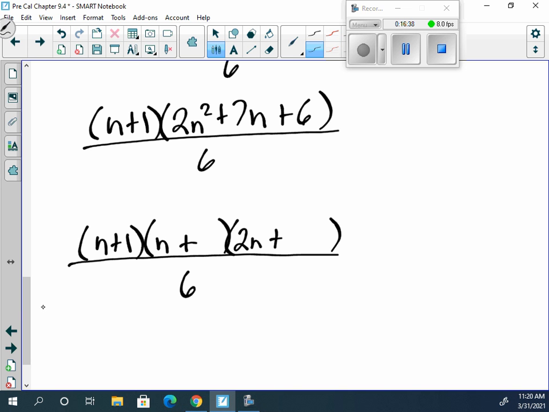Now, the factors of 6 are 1 and 6, or 2 and 3. Because 2n times 2 would give us 4n, so n times 3 would be 3n, plus 2 times 2n would give us, yep, but wait a minute.